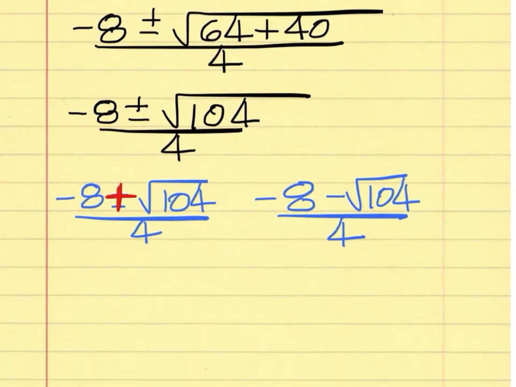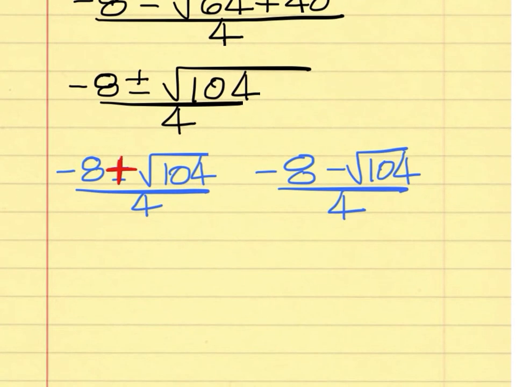And since 104 is not a perfect square, we have to go to the calculator and do this. In your calculator on the left hand side, you're going to have to put in -8 plus the square root of 104 and hit enter. But you're not finished yet because you have to divide by 4. So then hit divide 4, and you should come out with an answer of 0.5.